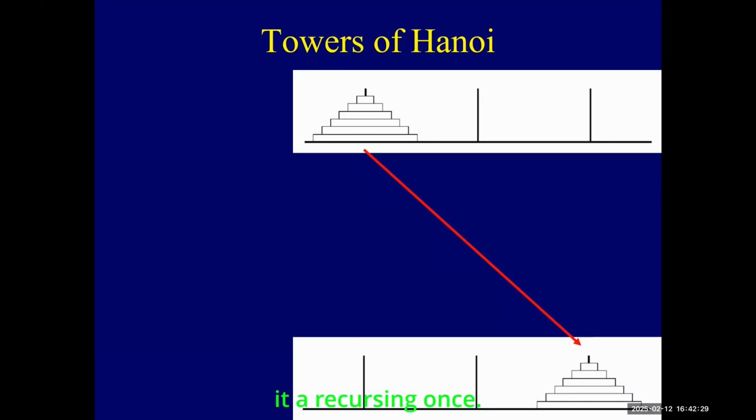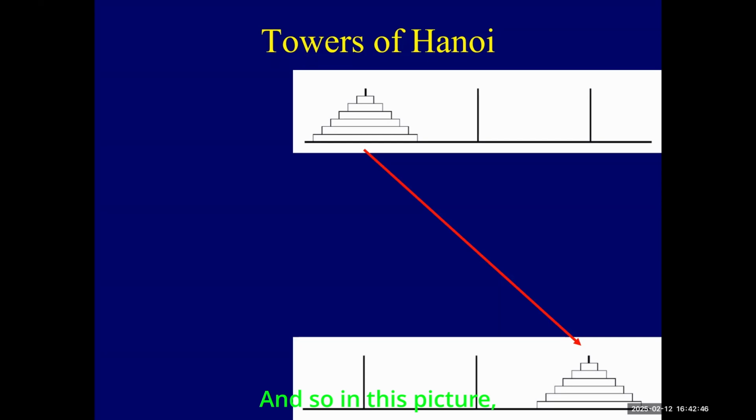No, I'm only calling it recursing once. That's why A is 1. Everybody get that?